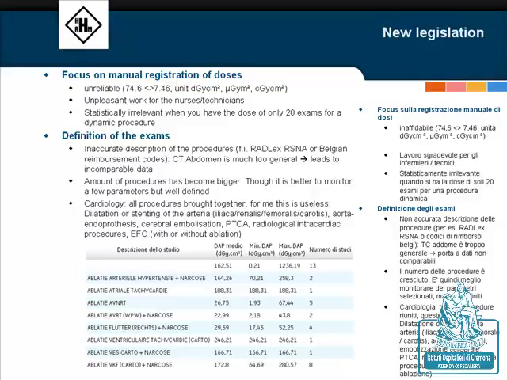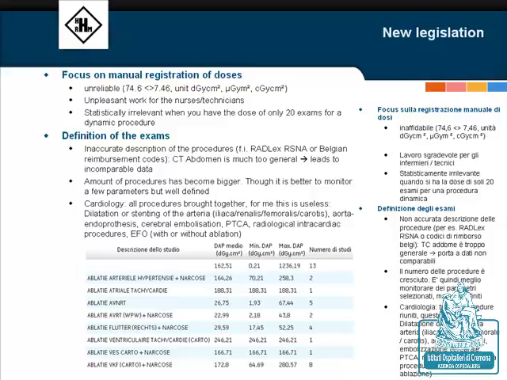The first problem is that it's very unreliable. You have 74.6 or 7.46. That's a factor 10. Usually on the wards, they don't know what unit it is. Different modalities give different units. In some, it's in deci gray centimeter square.